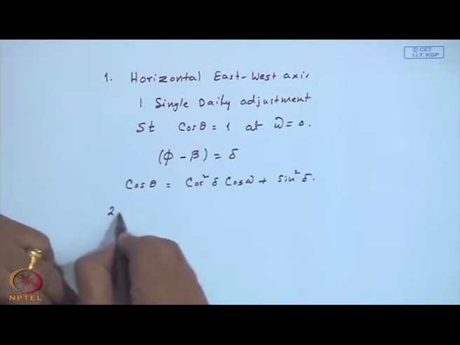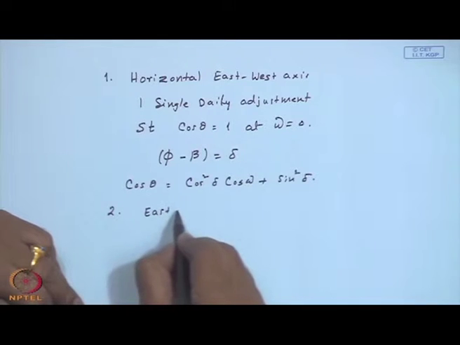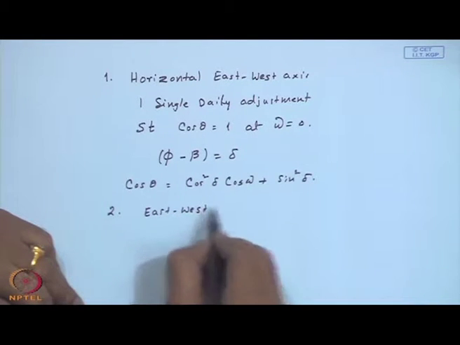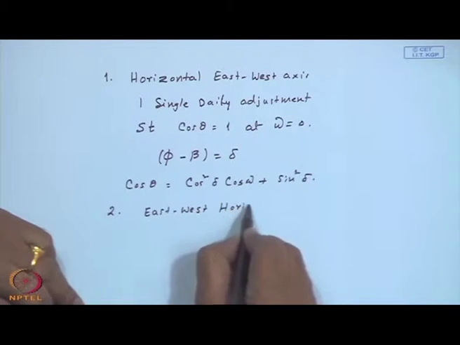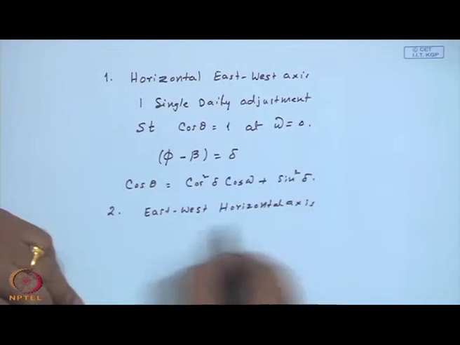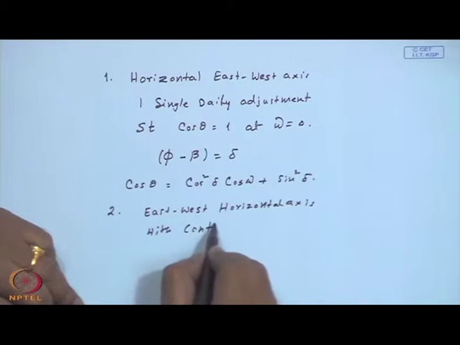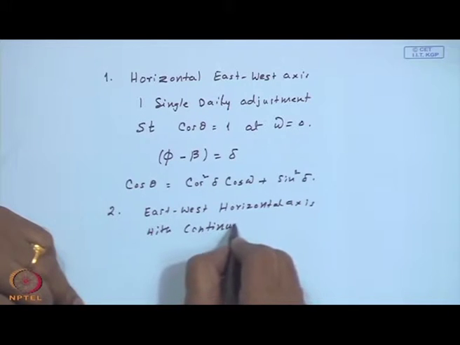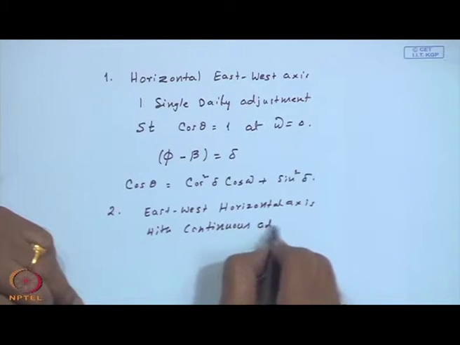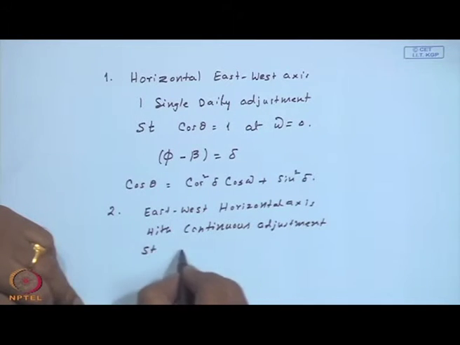Then the second mode, again an east west horizontal axis with continuous adjustment such that theta is a minimum.